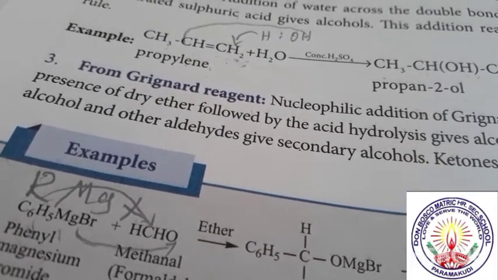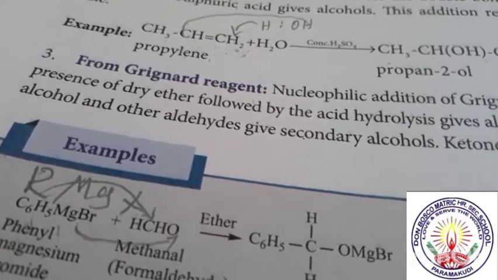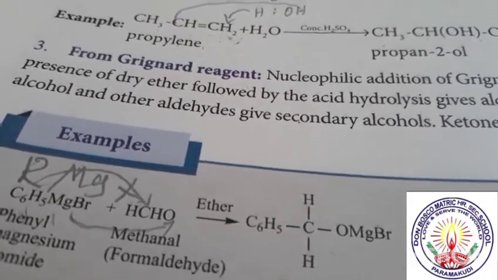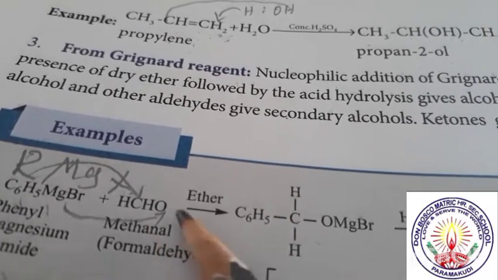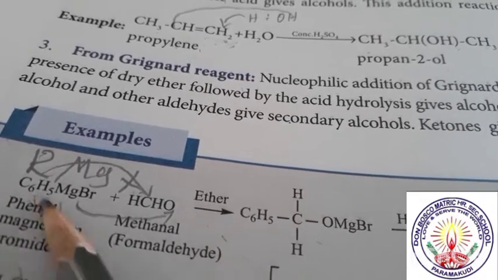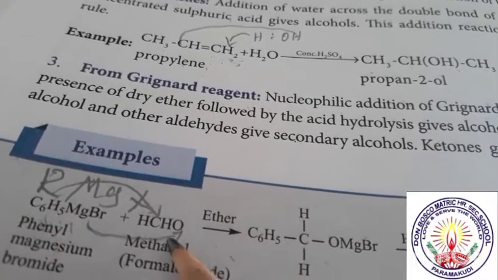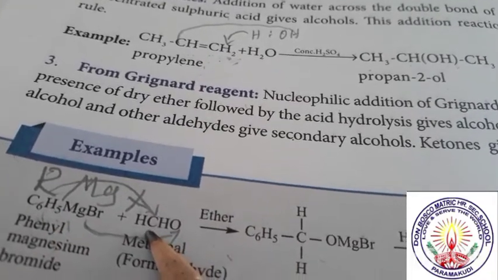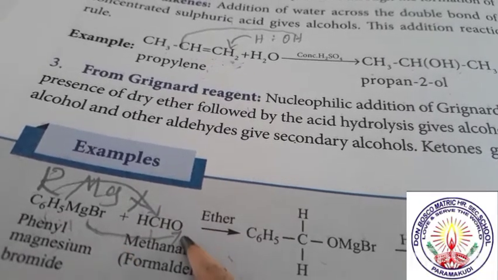And when this one alkyl, one halide and magnesium is treated with formaldehyde in the ether medium, this alkyl is attacking the carbon here, and this MgBr is attacking the O here.